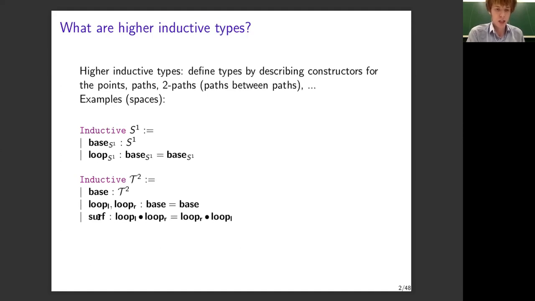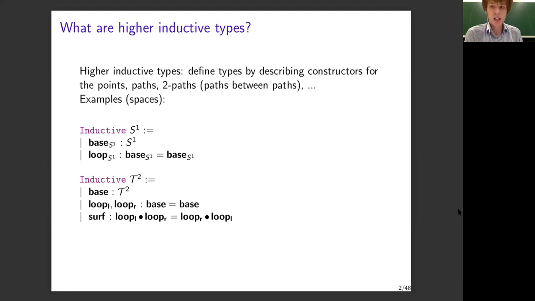In this type you have surf, which is a path between loop L concatenated with loop R, where this symbol denotes path concatenation, and loop R concatenated with loop L. So in higher inductive types, you can have constructors for points, paths, and higher paths.